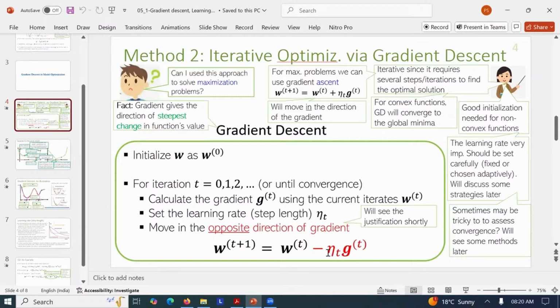What people generally do is initially choose a high value for eta t, and then as we train our model, after a few iterations, we decrease eta t. We can have several types of scheduler, and it's the job of the scheduler to decrease eta t.